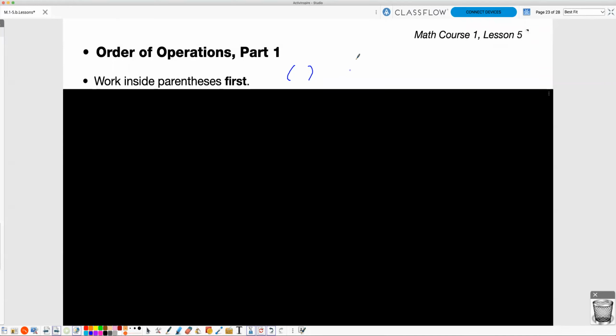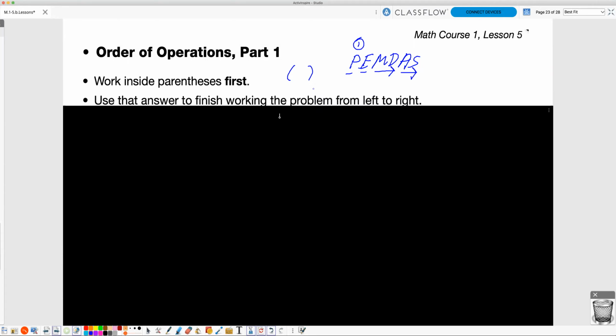If you remember the acronym Please Excuse My Dear Aunt Sally, that's parentheses, exponents, multiplication and division, and addition and subtraction. So parentheses is number one. First thing you need to think about, no matter what kind of equation you're looking at.